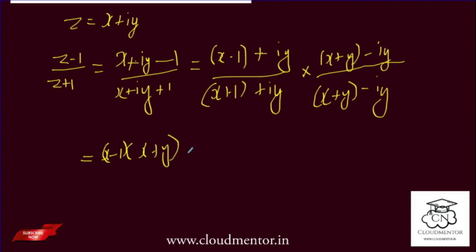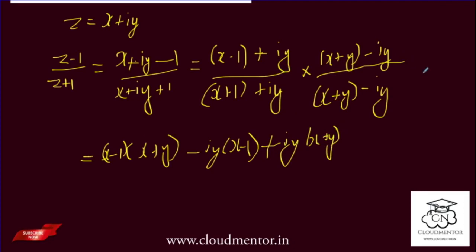and multiplying x minus 1 with the minus iy, so we get minus iy of x minus 1, and next we take iy times x plus 1 and iy times minus iy.